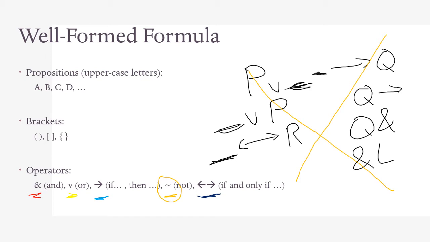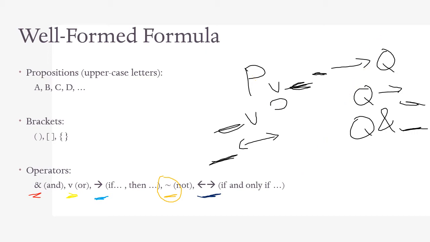You're missing something in each of these spots. So that's the first basic rule: every operator, with the exception of the tilde, has to have two different letters, one on each side of it.